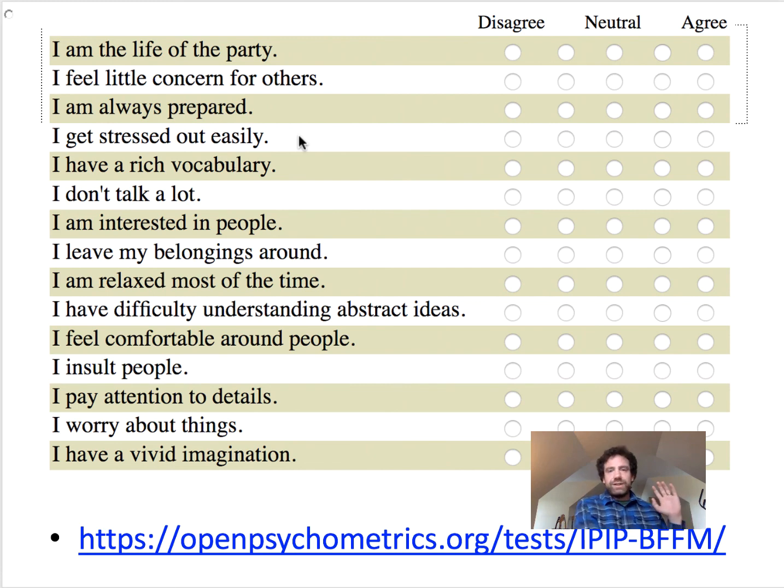Now, regardless of what you actually know about yourself, they don't want someone who gets incredibly stressed. So even if you did get incredibly stressed, you might say, oh, well, I want to disagree with that. But maybe not too much. Maybe some level of stress is important for remaining a diligent, responsible employee. So maybe you'll say neutral, or sort of between disagree and neutral here.